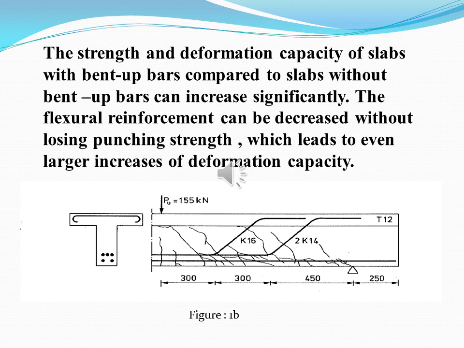The strength and deformation capacities of slabs with bent-up bars compared to those without bent-up bars can be increased significantly. The flexural reinforcement can be decreased without losing punching strength, which leads to an even larger increase of deformation capacity.